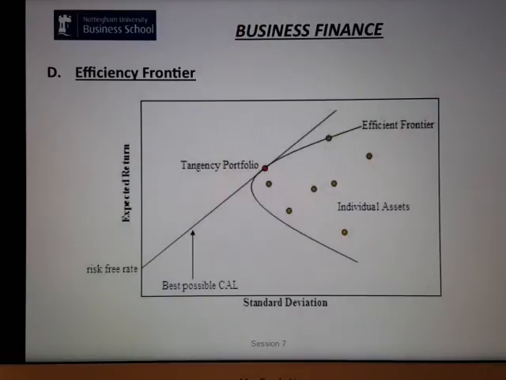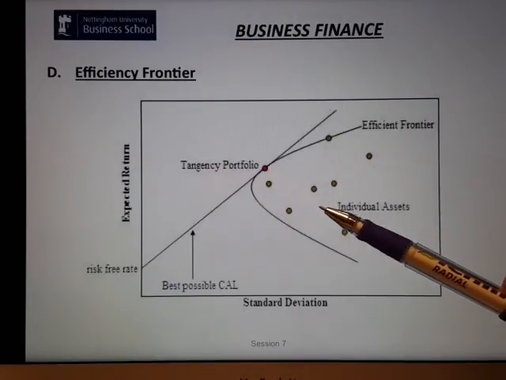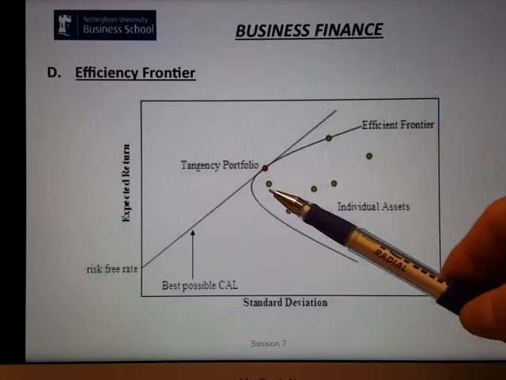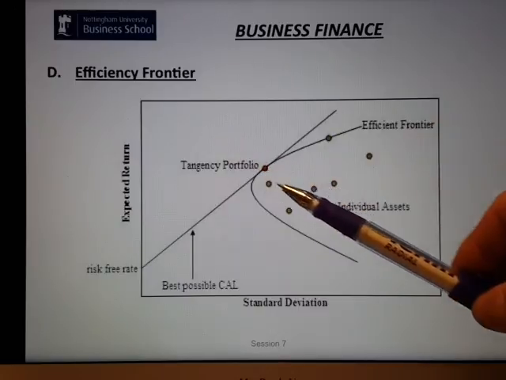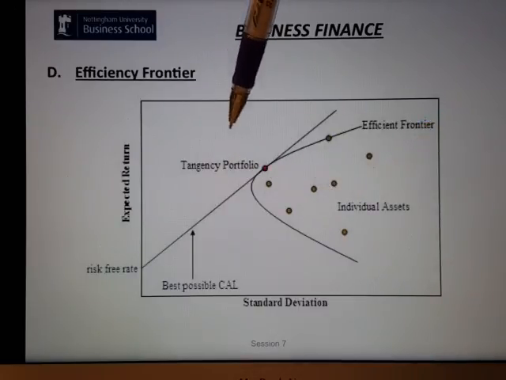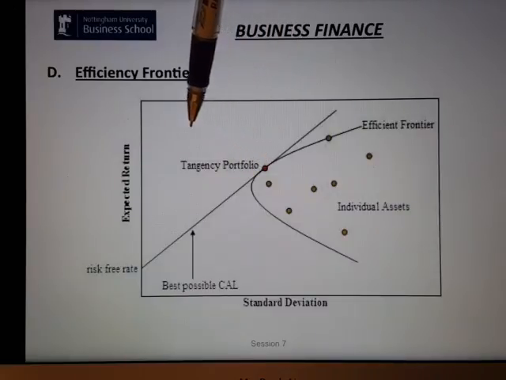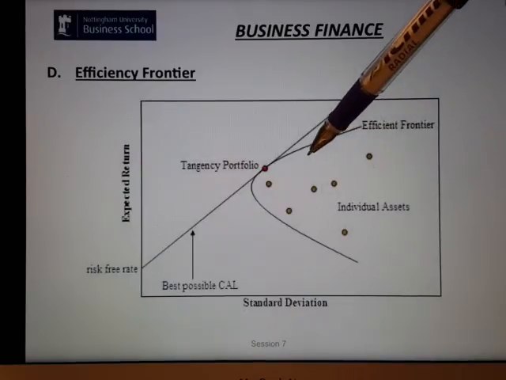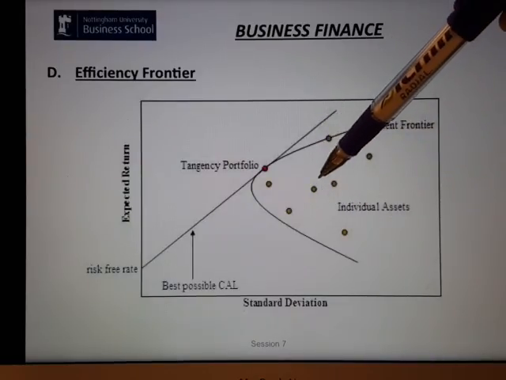So you will see that investors want to invest in projects that are moving towards this direction. The best investments are around here. These are super efficient investments. These are less efficient investments.